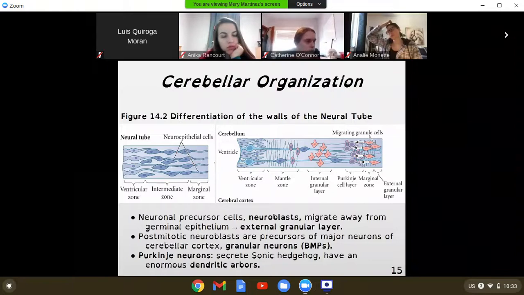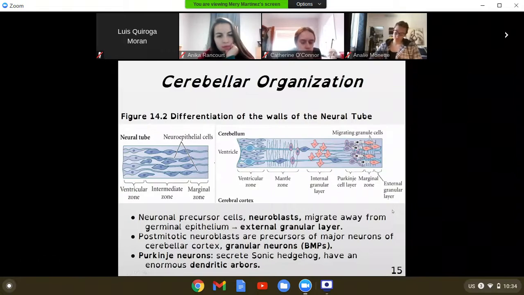The cerebellar development results in the formation of a highly folded cortex. All the convolutions in the brain are due to this structure of the outer portion. So the three zones now become more zones.